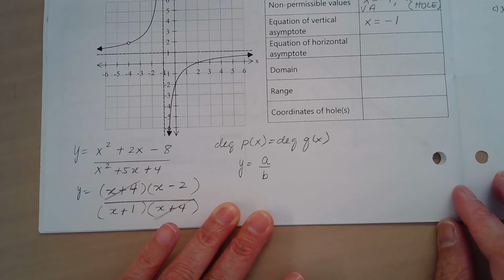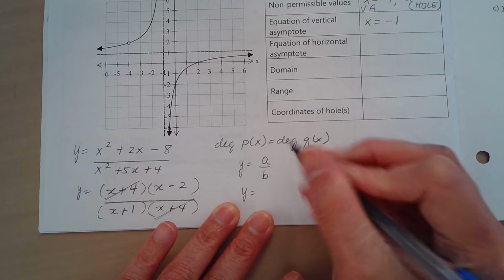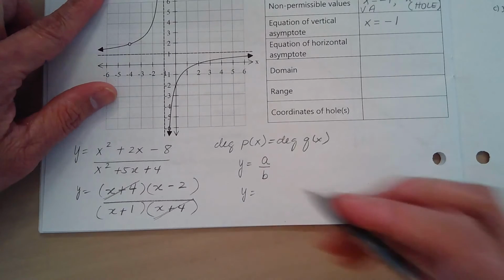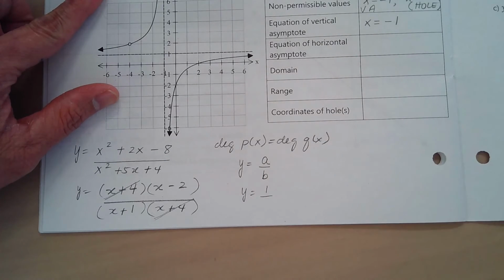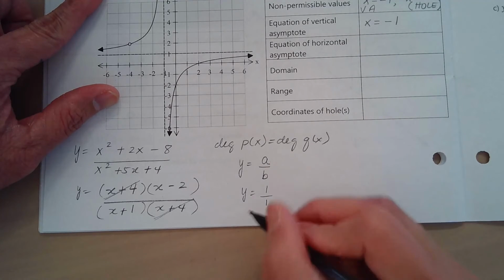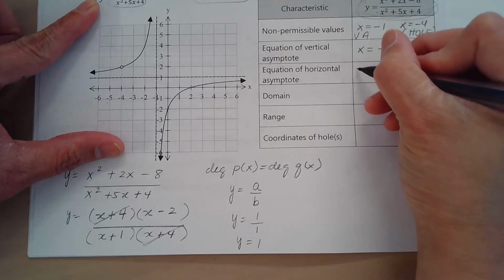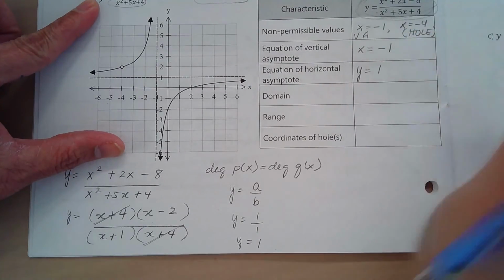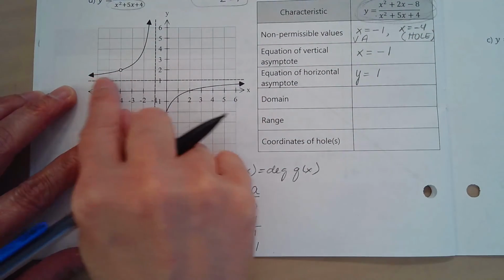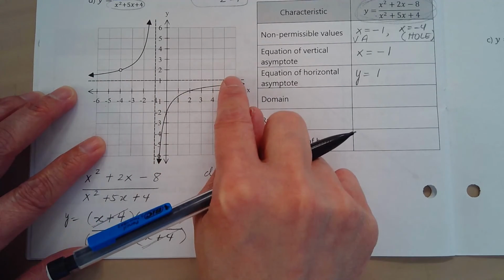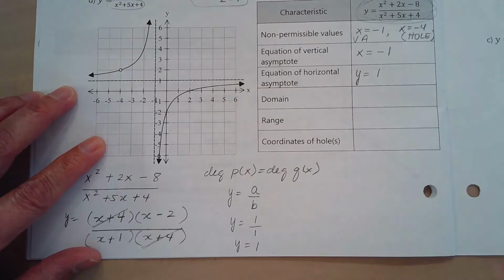A is the leading coefficient of the numerator, and b is the leading coefficient of the denominator. So y equals 1. And then we can see here, y equals 1 there. Okay, so far so good?